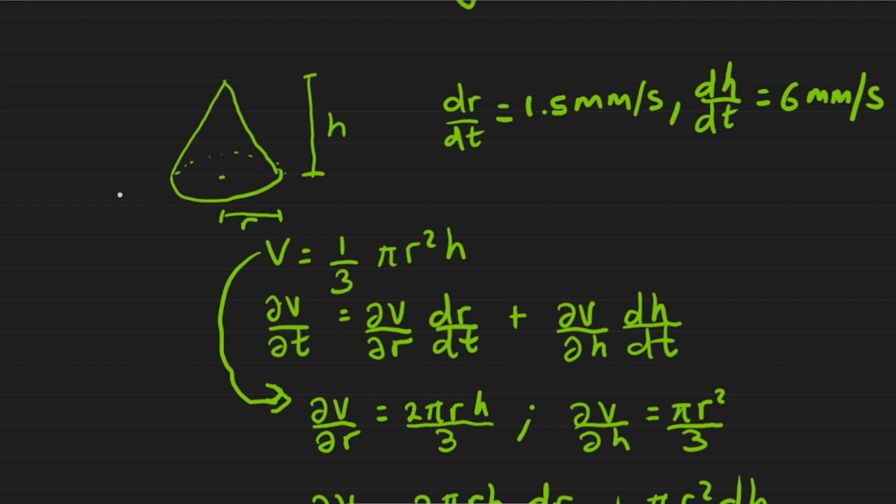So the radius is getting bigger, and the height is getting smaller at a different rate.